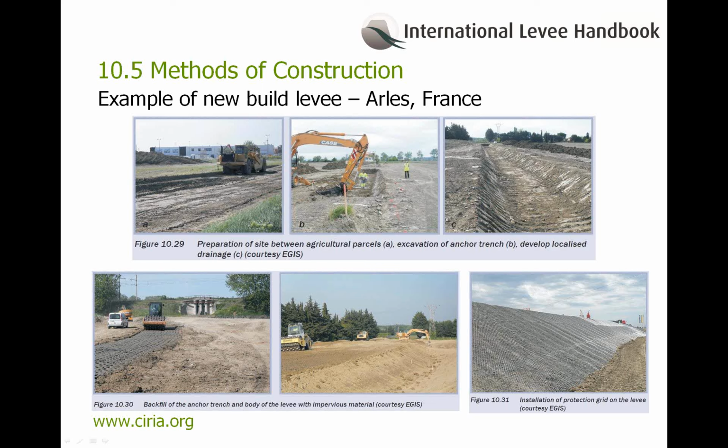Figure 1030 shows Phase 4, where construction of the impermeable embankment was performed. Finalization of the embankment and installation of a protection grid occurred in Phase 5, which can be seen in Figure 1031. The project was then completed after the embankments were covered with topsoil, hydro-seeding was performed, maintenance and access roads were created, and security equipment was installed.